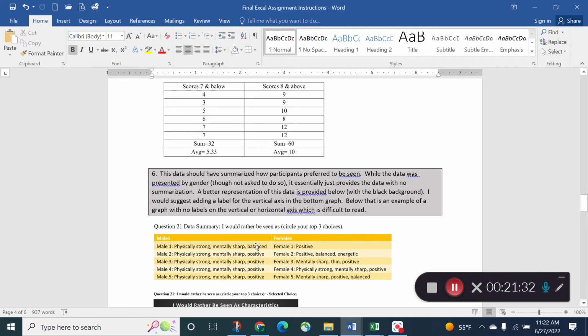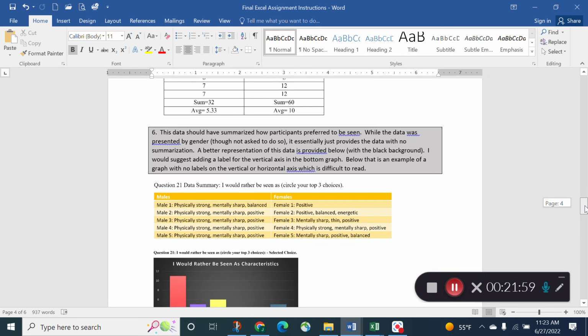I still have to go in and count 1, 2, 3. So this provides the answers that the participants said, but it doesn't summarize all 10 together. So hopefully you'll see what's wrong with this versus what I ask you to do for question number 13.